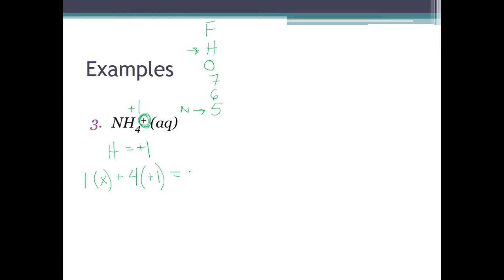These are going to add up to +1. And then we'll solve the same way we did a second ago. X plus 4 equals +1. Subtract 4 from both sides. X is equal to -3. So that means the oxidation state on our nitrogen is a -3. So we can write that as -3, +1.